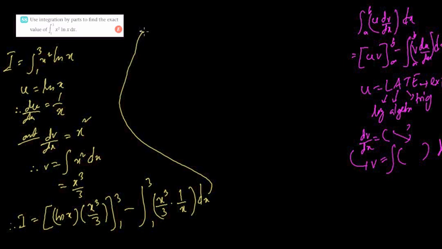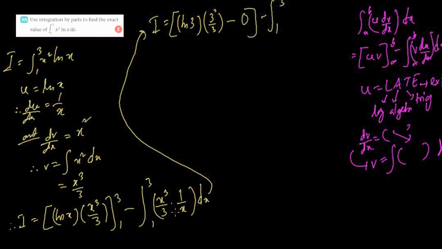So I equals, if I put the limit 3, this would be ln 3 times 3 cubed by 3, minus, if I put 1 here, ln 1 is 0, so the whole thing would be 0, so I'm not writing anything else, minus the integral from 1 to 3. If you divide x cubed by x, it will be x squared, so this will be x squared by 3 dx.